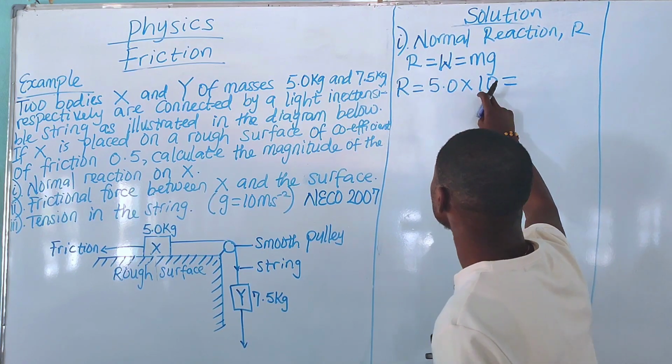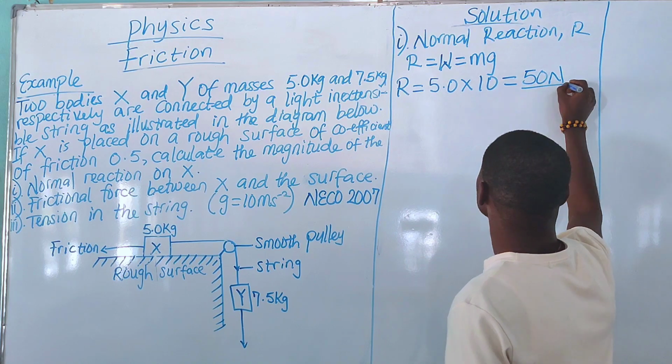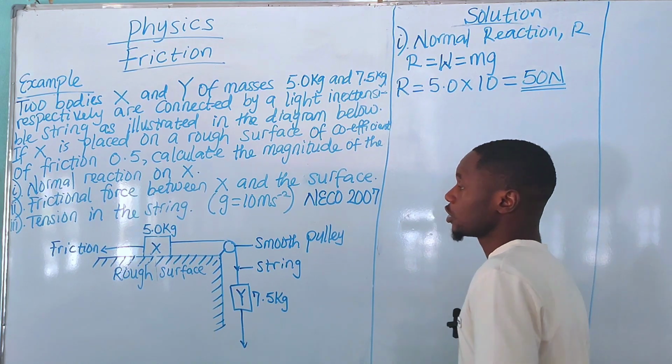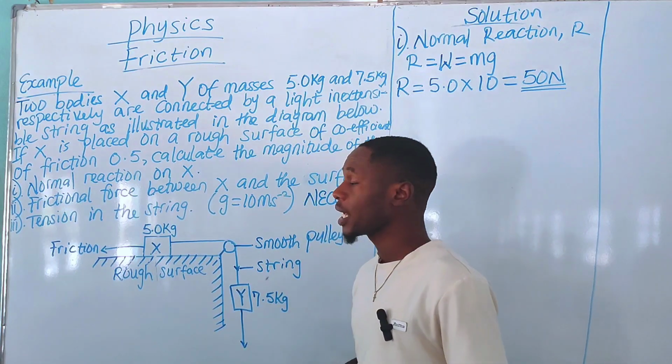So 5.0 times 10 gives us 50 Newton. So that becomes the normal reaction of the surface back on body X.